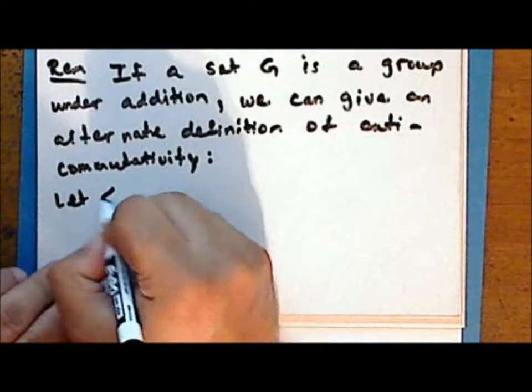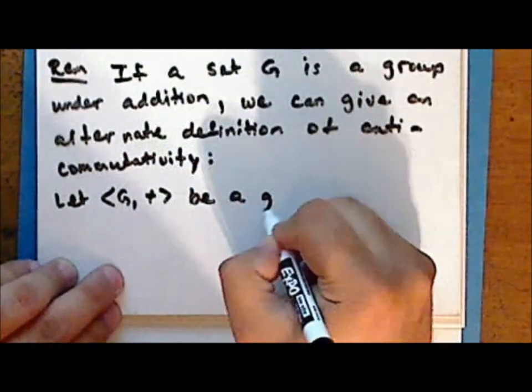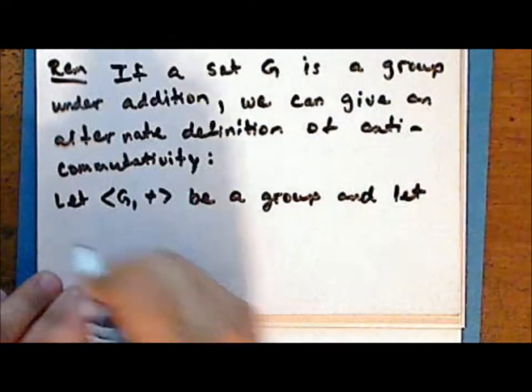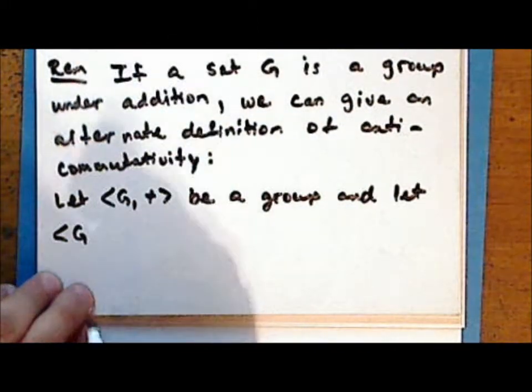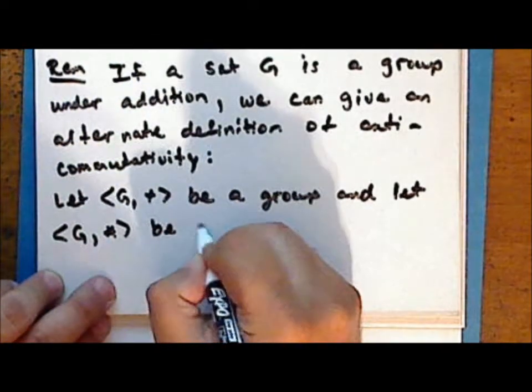So let the set G under addition be a group, and let the same underlying set G together with the binary operation star be a magma.